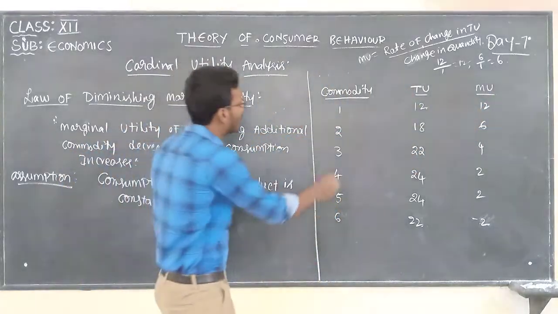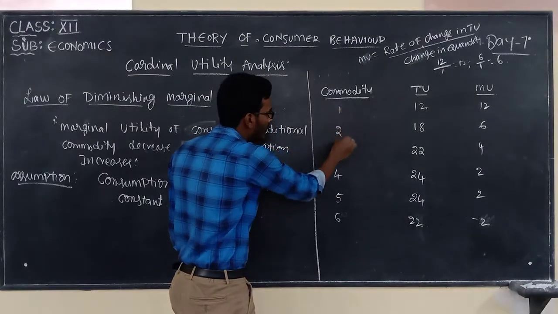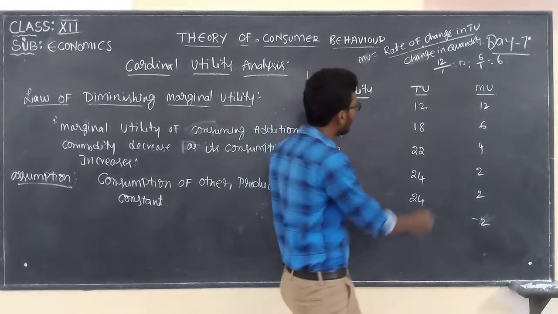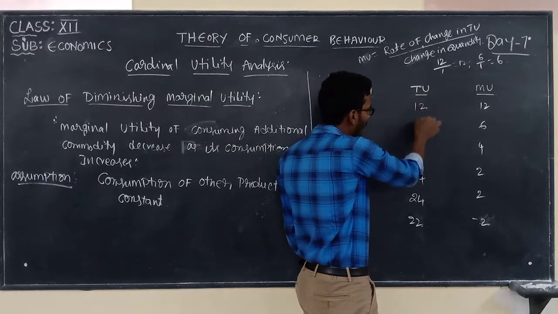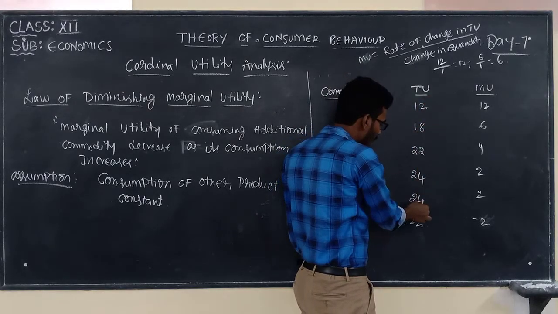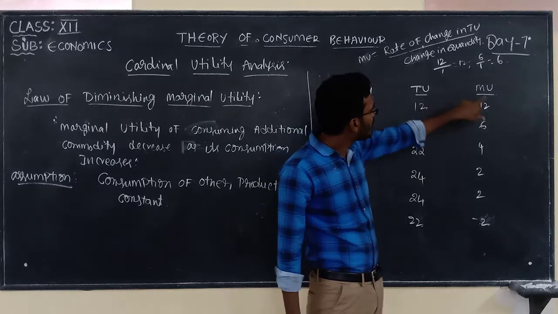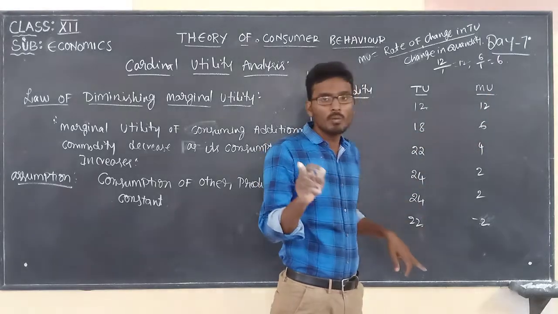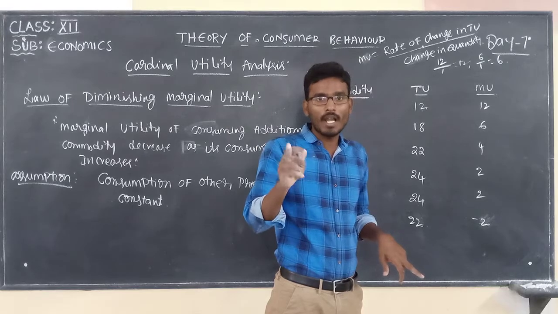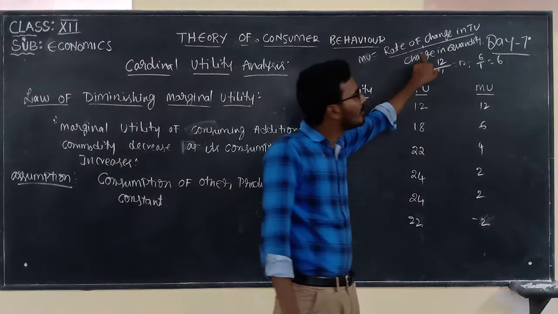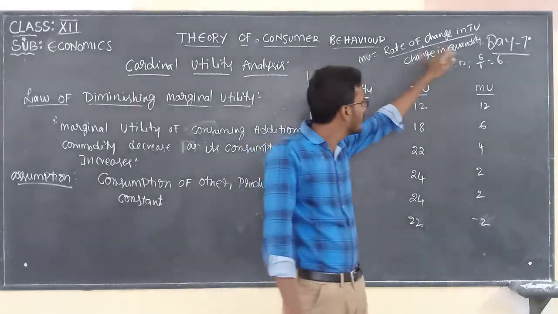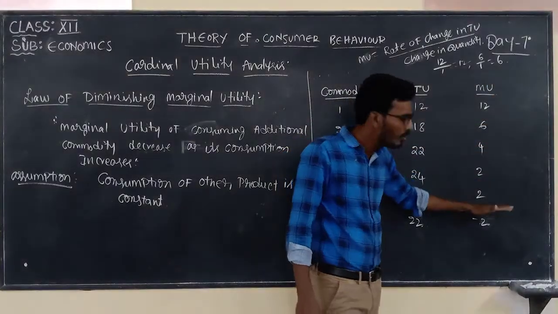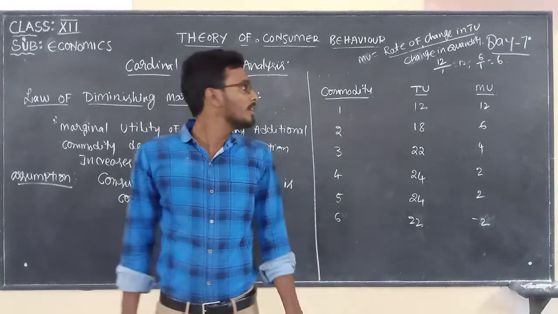Here we have taken 6 commodities, and total utility 12, 18, 22, 24, 24 and 22. So marginal utility is 12, 6, 4, 2, 2 and minus 2. That is all about it.